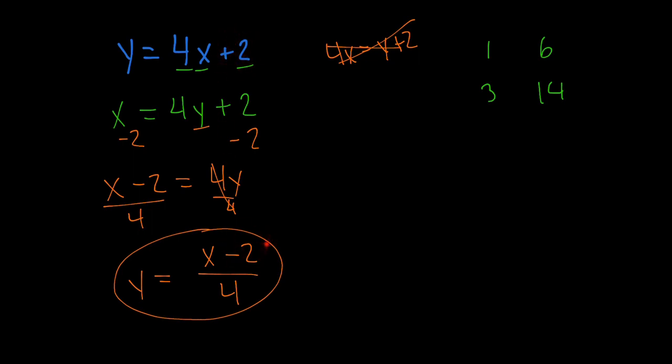So the first thing we do in our inverse is subtract 2. And just to check it out real quick, if we plug in a 6 down here, we have 6 minus 2, that's 4, and divide by 4, and it spits out a 1. If we were to plug in 14, 14 minus 2 is 12, divide by 4, and it does spit out a 3. So our outputs become our inputs of the inverse.